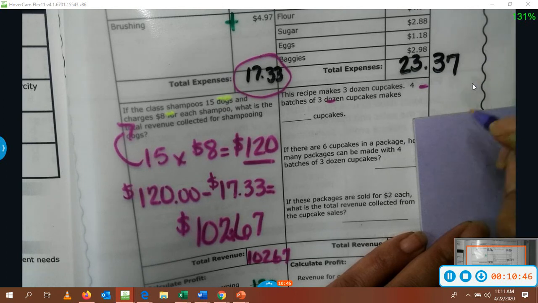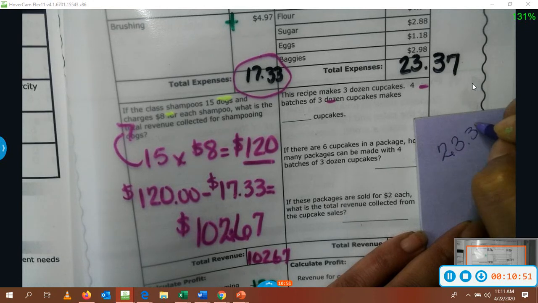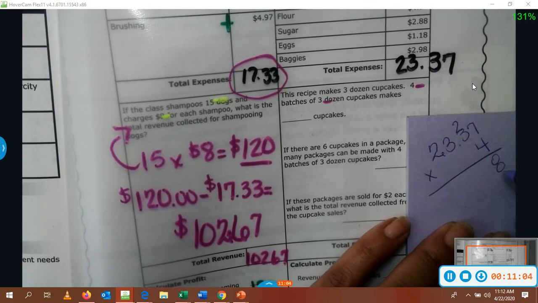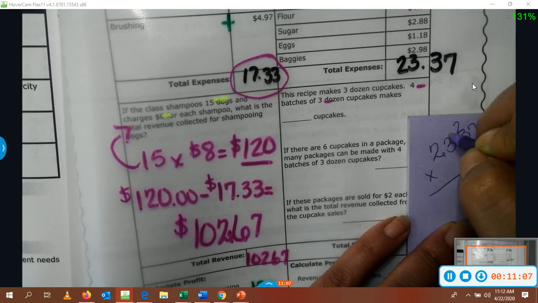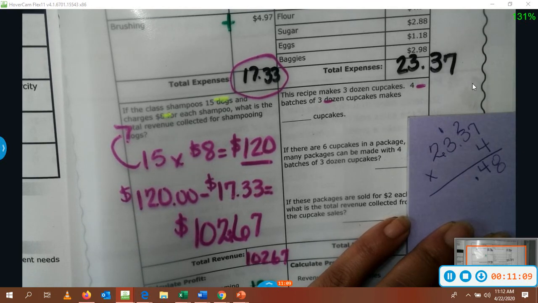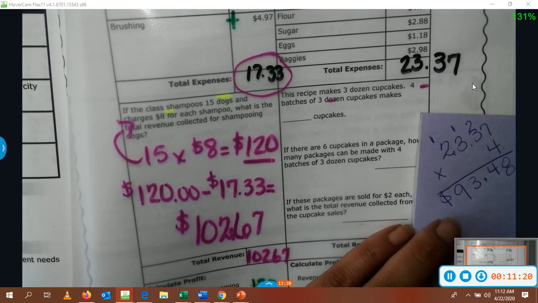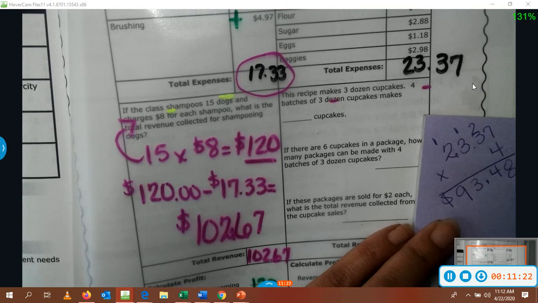So we need to calculate the expenses: $23.37 times 4. 7 times 4 is 28. 4 times 3 is 12, plus 2 more is 14. 4 times 3 is 12, plus 1 more is 13. 4 times 2 is 8, plus 1 more is 9. So that's how much it's going to cost.